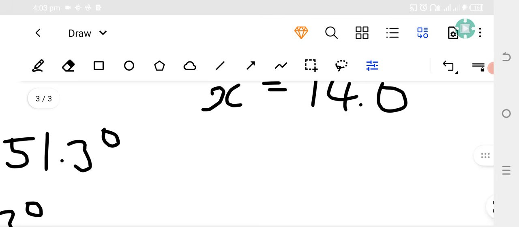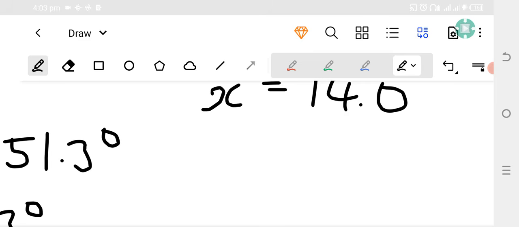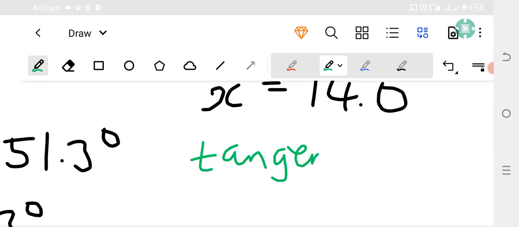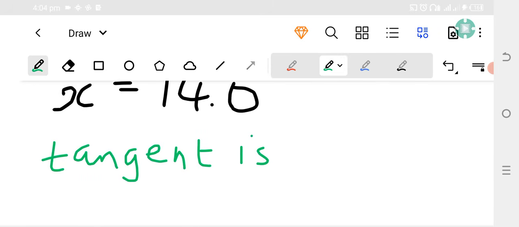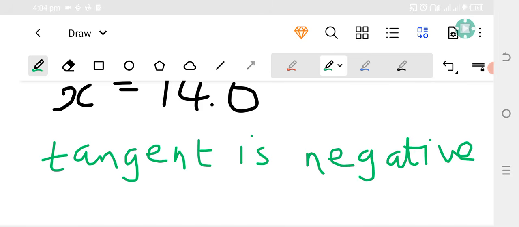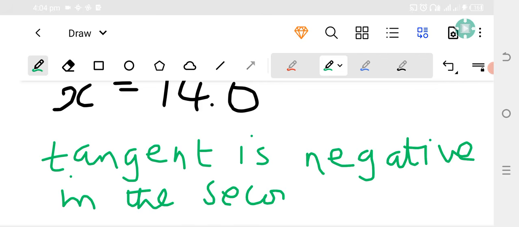We need to go to where tan is negative, and tangent is negative in the second and the fourth quadrant.